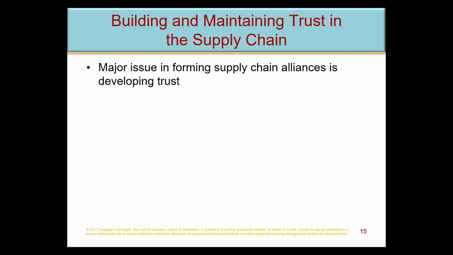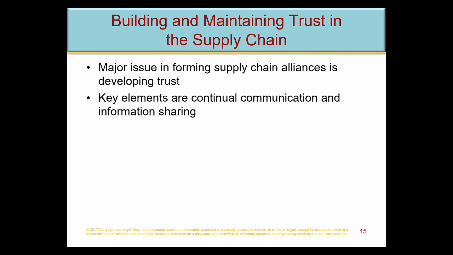The biggest issue you have with your supply chain management and those long-term relationships is developing the trust. Just like virtually anything in life, it takes time to build trust, but it's essential when you're dealing with a supply chain to really have vendors that trust each other and work together. So I like what the author said. Key elements are communication and information sharing.